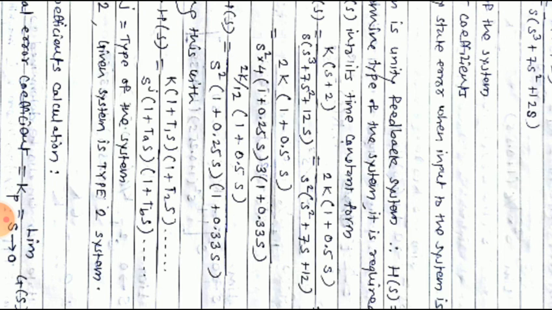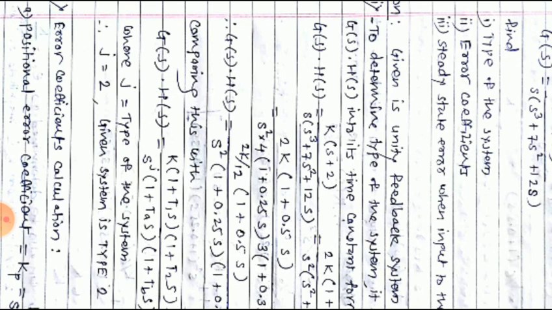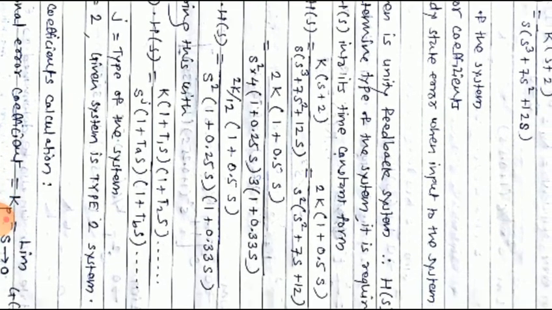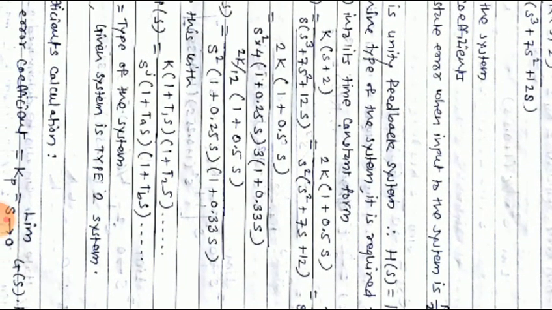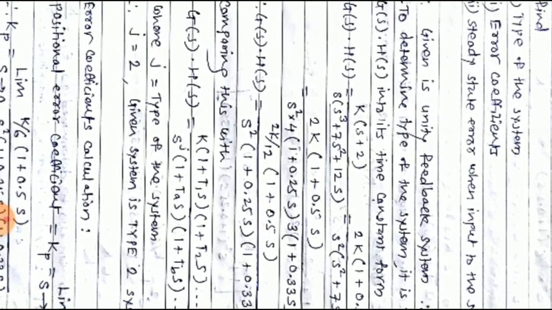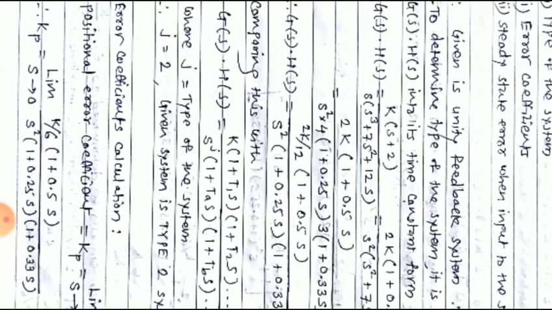The students can do the calculation in a separate notebook, so that you can bring this transfer function into time constant form, and then compare this with the standard time constant form of G(s)H(s) equal to K into (1 plus T1 s) into (1 plus T2 s) and so on, upon s raised to j into (1 plus Ta s) into (1 plus Tb s), where j is the type of system.